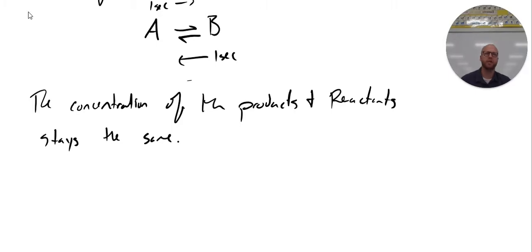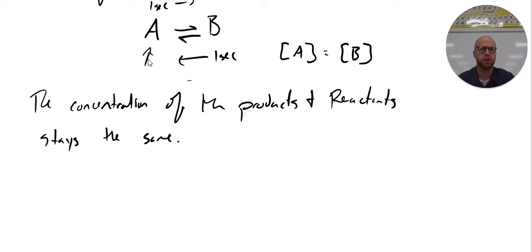Since the rate is the same, with our example up here, we get no change in A. If you come back 20 seconds later, say you had 10 A's, and every 1 second you're losing one but also gaining one, no matter when you come back, you're still going to have 10 A's. So the concentrations of the products and reactants stay the same. That doesn't mean that the concentration of A is equal to the concentration of B. It just means that we have no change in A or no change in B.